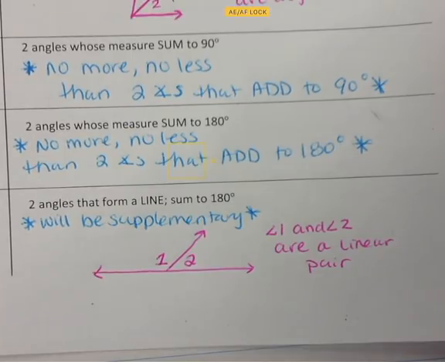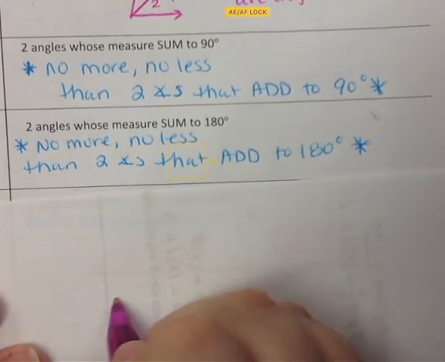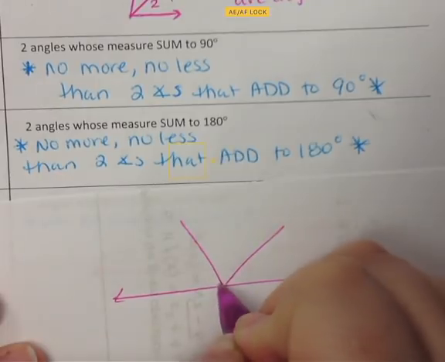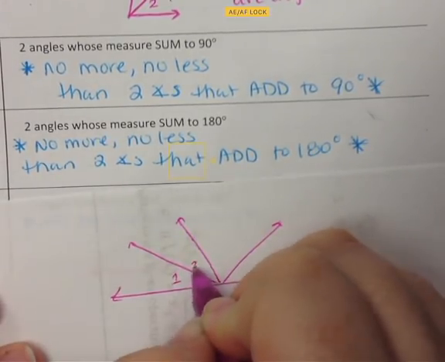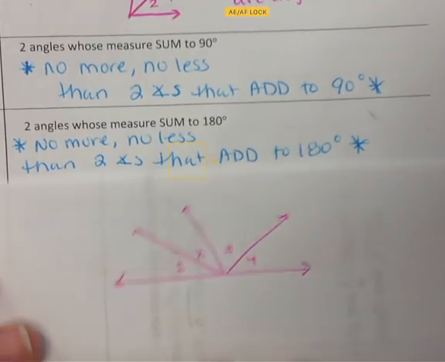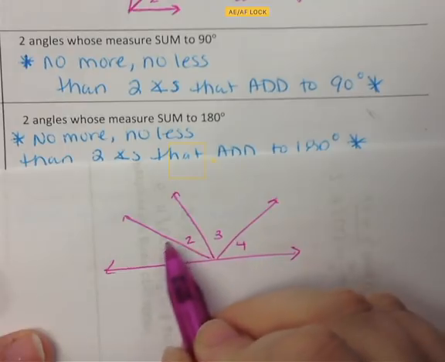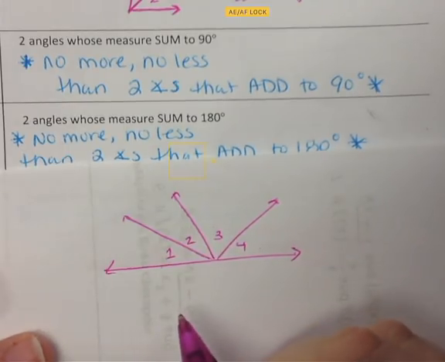Now, what I was talking about earlier with regards to more angles that would come off from here, I'm just going to show a quick example. If I have a line and I have multiple rays coming off of this, say I have angle 1, angle 2, angle 3, and angle 4, all of these angles add up to 180 degrees, but we can't call all 4 of these angles supplementary.